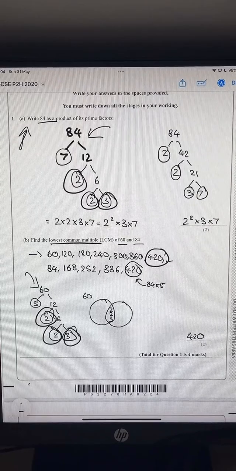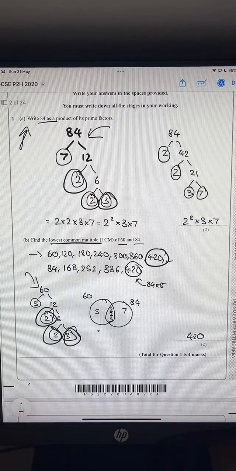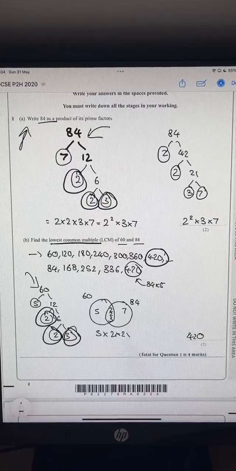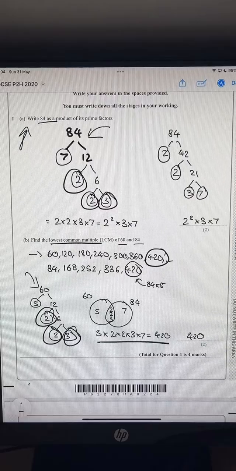From my 60, I have just a 5, and from my 84, I have just a 7. To find the lowest common multiple, you multiply all of the numbers as they appear. So 5 times 2 times 2 times 3 times 7, and you'll get 420 that way too. Both of these methods would get you the marks.